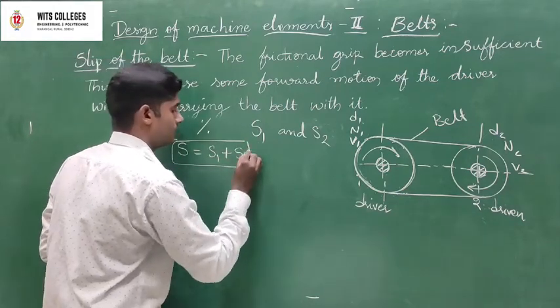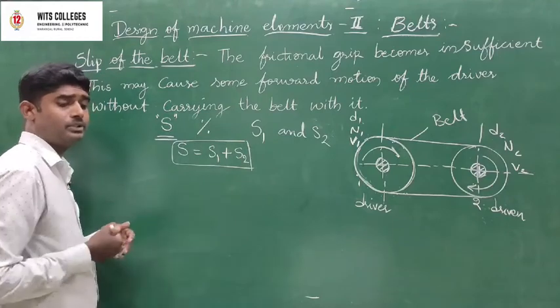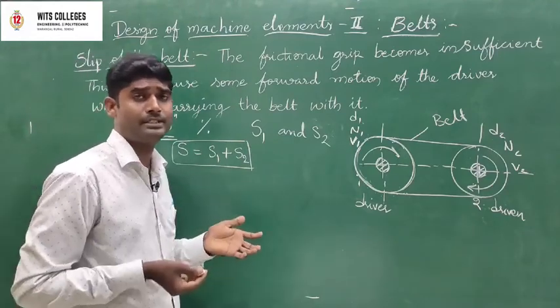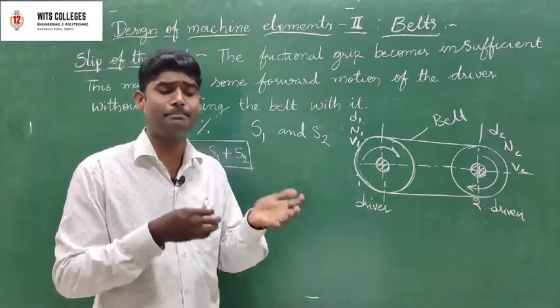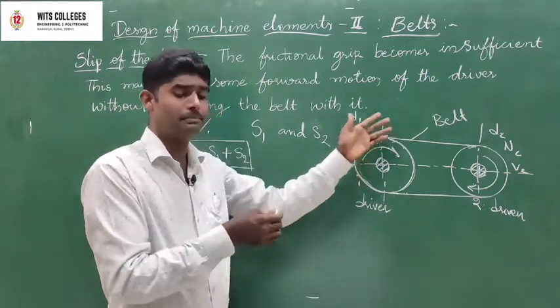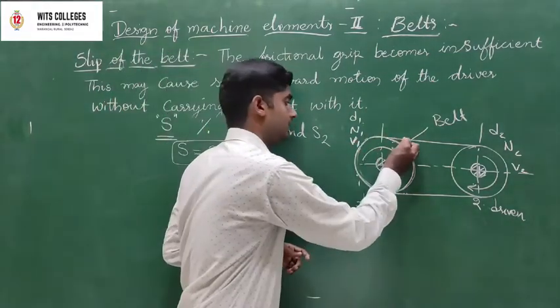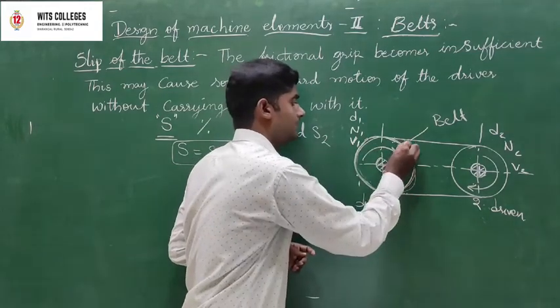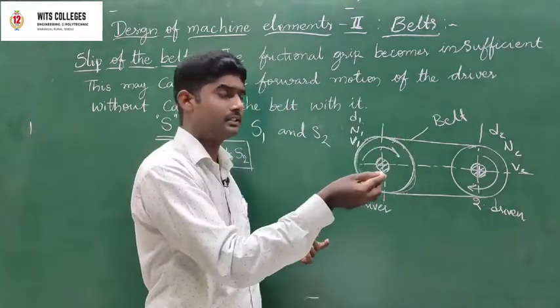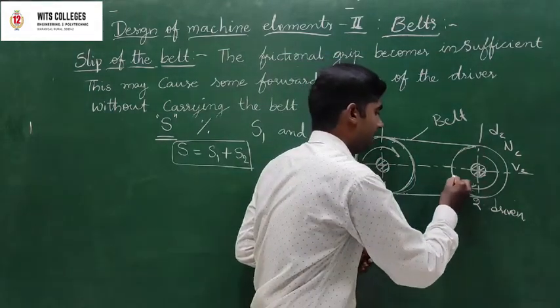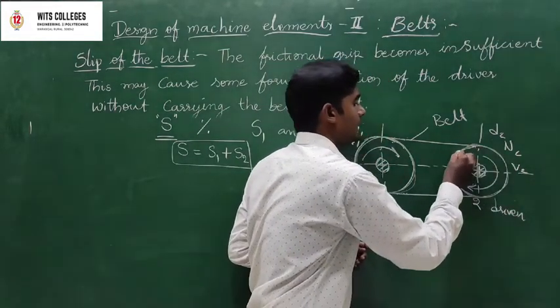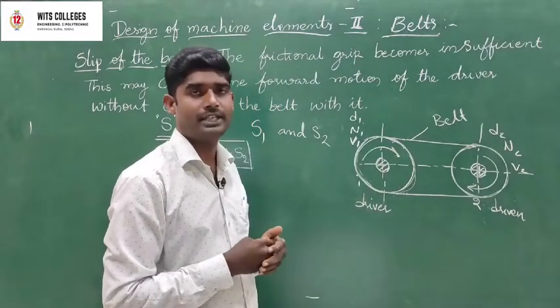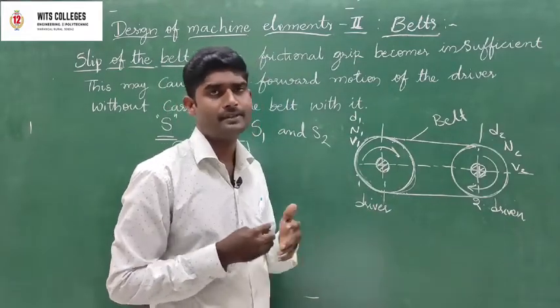This is important. Slip 1 percentage means slip between the driver pulley and belt, and S2 means slip between the driven follower pulley and belt.